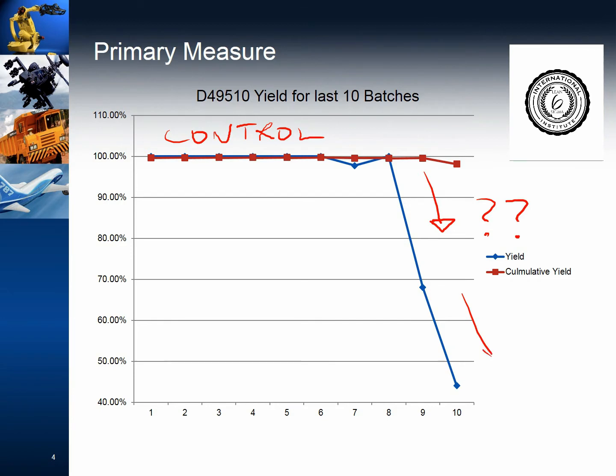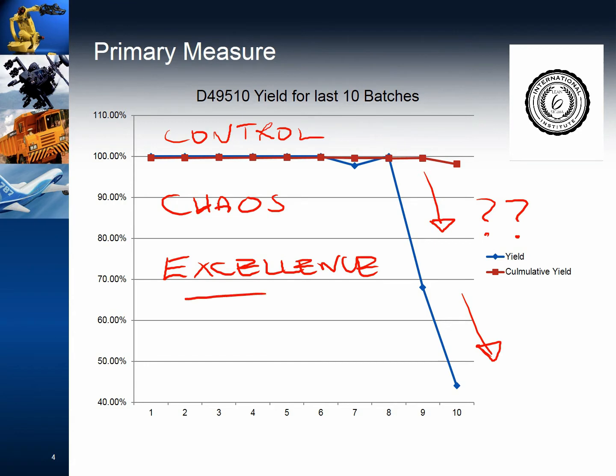What's gone on here? So this is the case that when you look at graphs, you're looking to say, is my problem chaos? Is my problem control? Or do you want to go to excellence? Not sure I've spelt that right, but still.